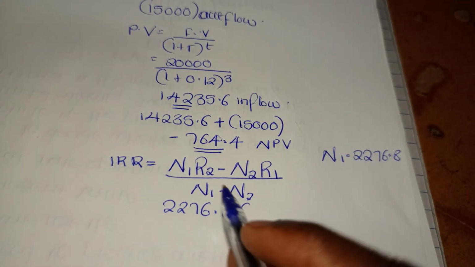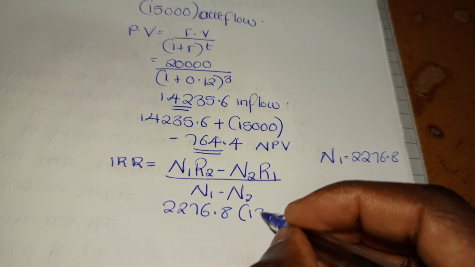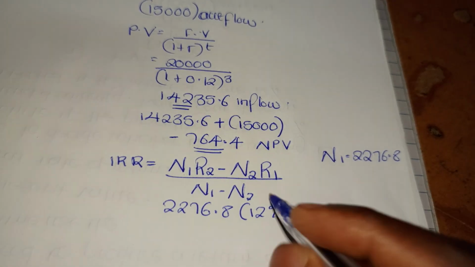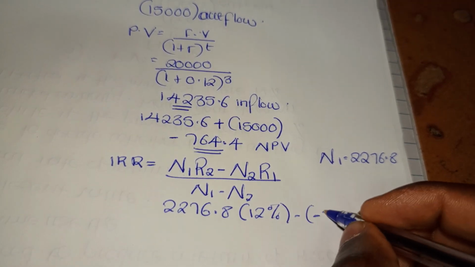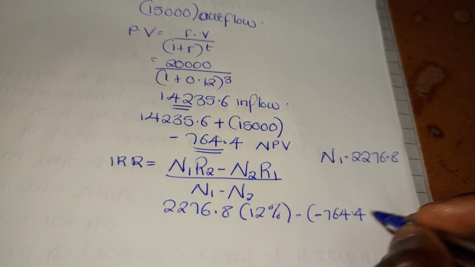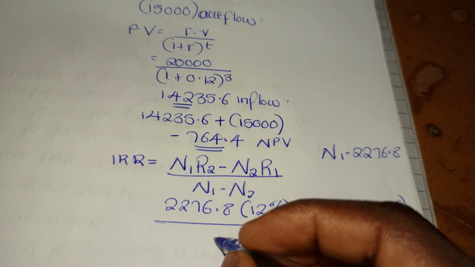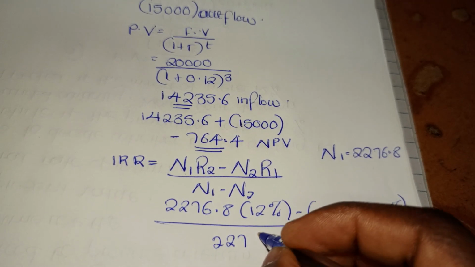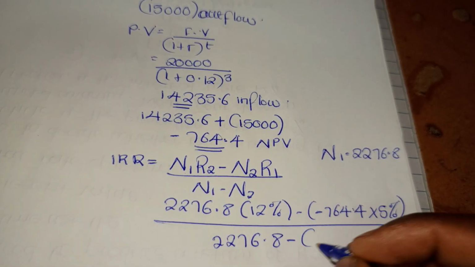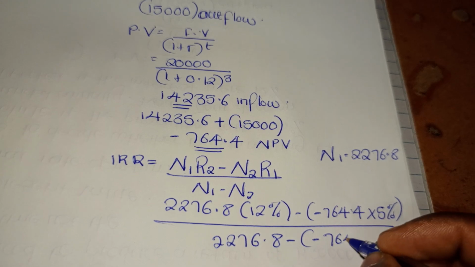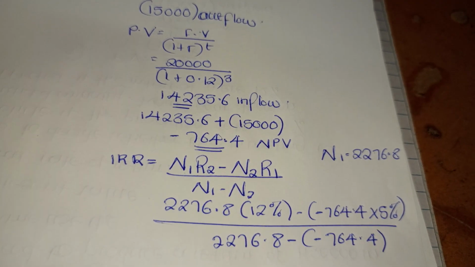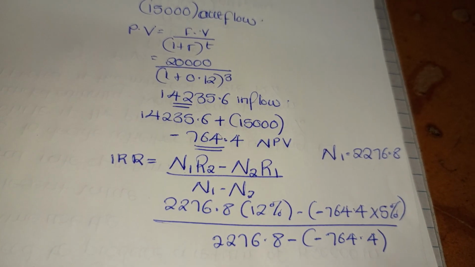We multiply it with the R2, in this case 12%, minus the N2, in this case negative 764.4 times 5% over 276.8 minus 764.4. Then from here you can just punch directly on your calculator.